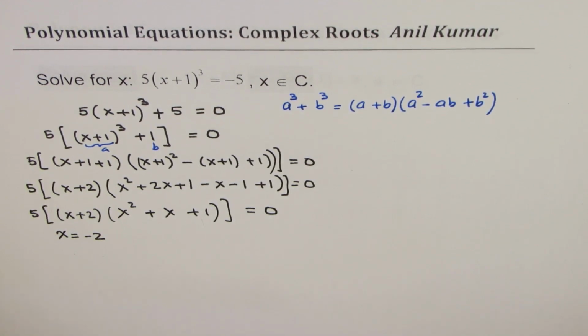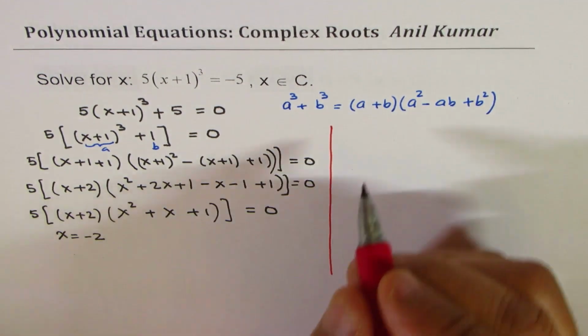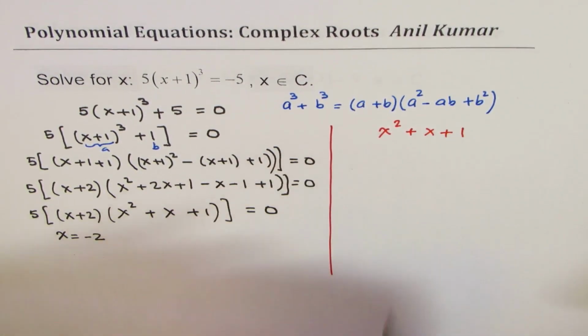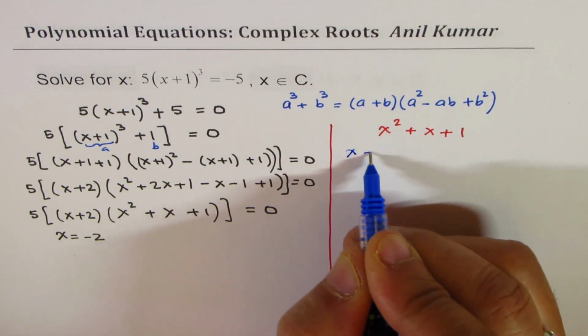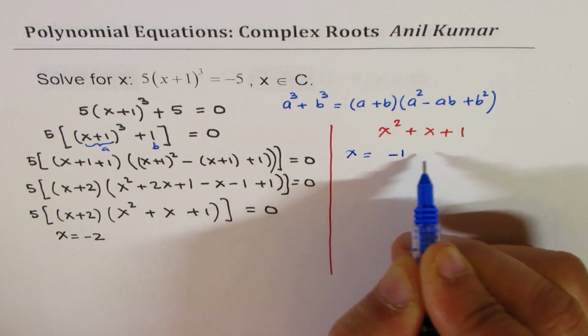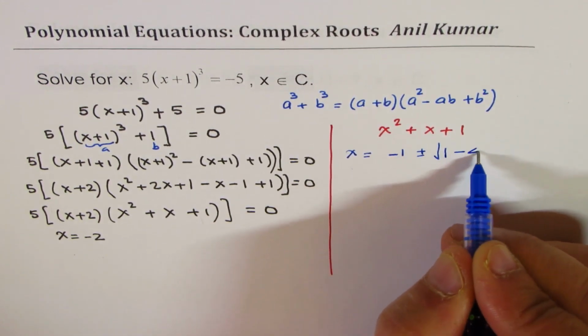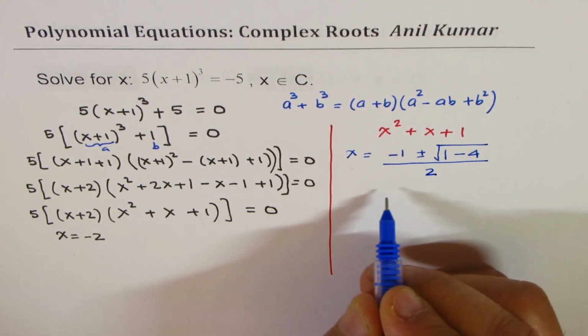For the other roots, we have to use the quadratic formula. So now we have x squared plus x plus 1. x equals minus b, which is minus 1, plus minus square root of b square, 1, minus 4ac, over 2a, which is 2.